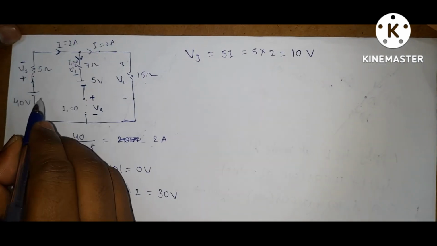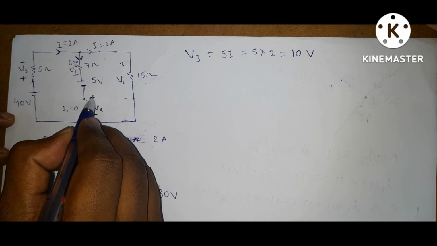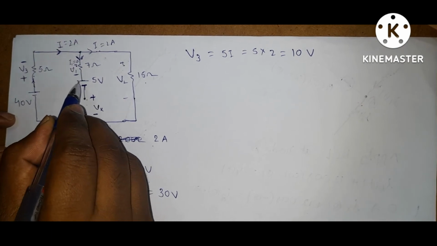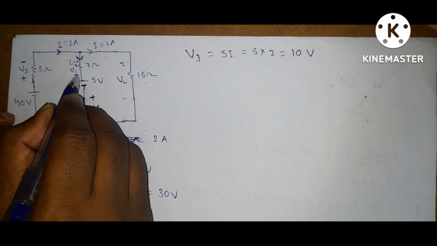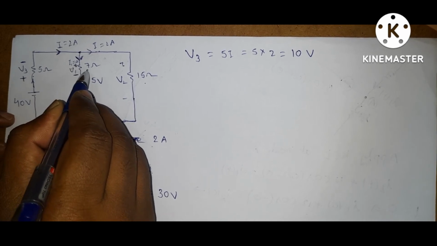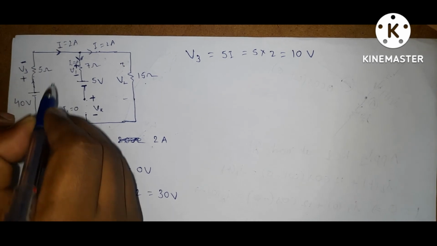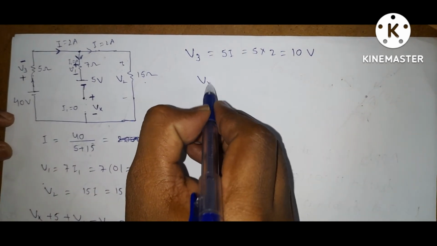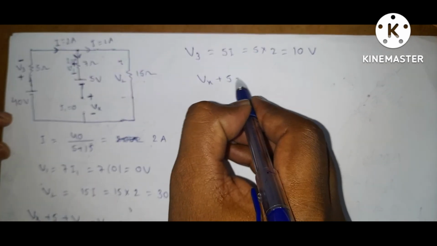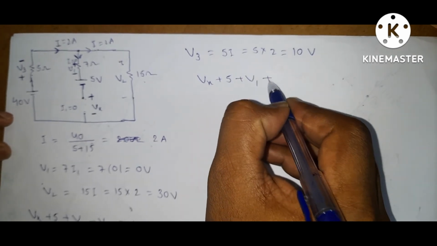So apply KVL to this loop. This plus is connected to minus. Again this plus is connected to this minus, the drop of the 7 ohm resistor. Again this plus is connected to this minus. So you get Vx plus 5 plus V1 plus V3.